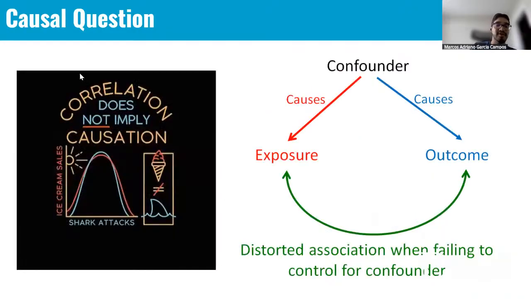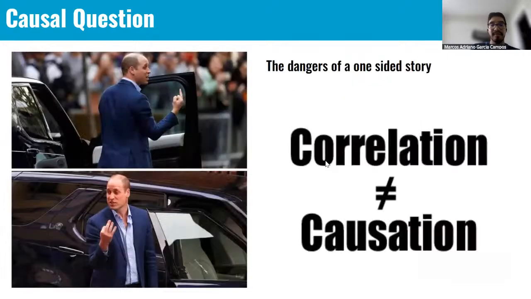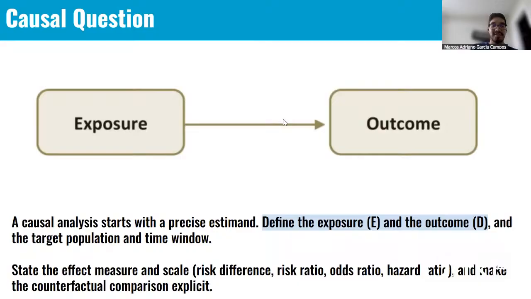So, summarizing, correlation does not imply causation, and confounding can cause both exposure and outcomes. And it can distort the association and imply bias. And here again, this is the danger of knowing just one side of the story, and correlation is not causation.